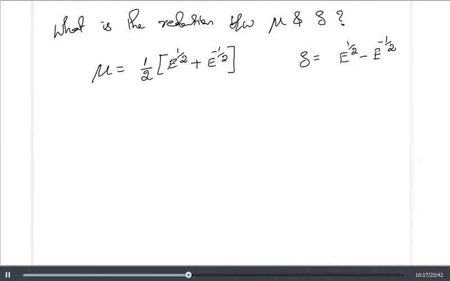First I'll start with mu and take the square of it. What is mu square?